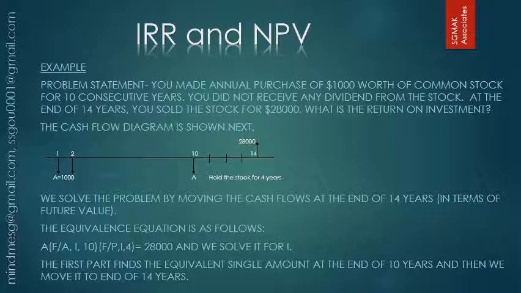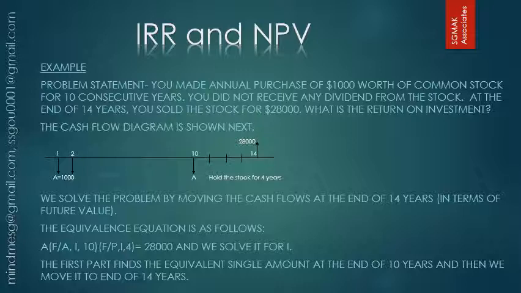First problem says you made annual purchase of $1,000 worth of common stock for 10 consecutive years. So you made an investment for 10 years, end of each year for $1,000. And then you did not receive any dividend from the stock.